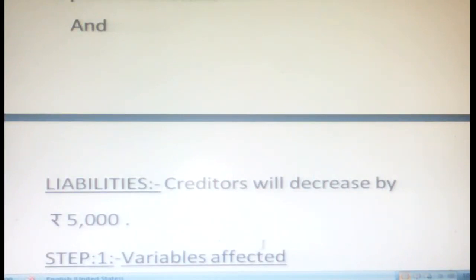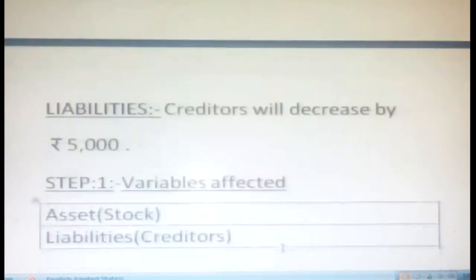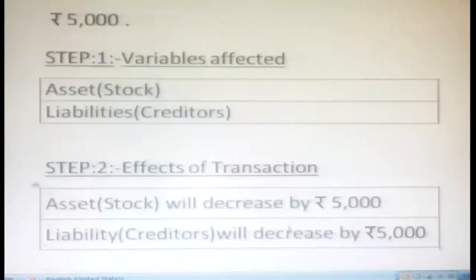So what are the variables affected? Step number one: the asset in the form of stock and liabilities in the form of creditors. So two variables are affected. What is the effect of the transaction? As an asset, stock will decrease by 5,000 because we returned the goods. Similarly, once you return the goods, our liability creditors will also decrease by 5,000.